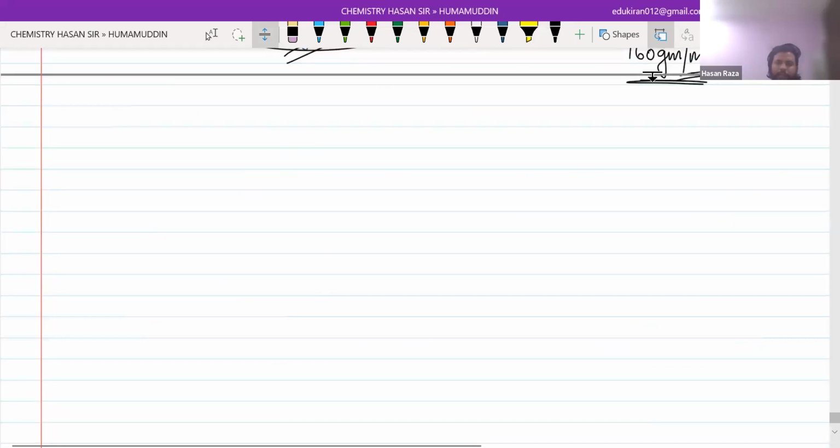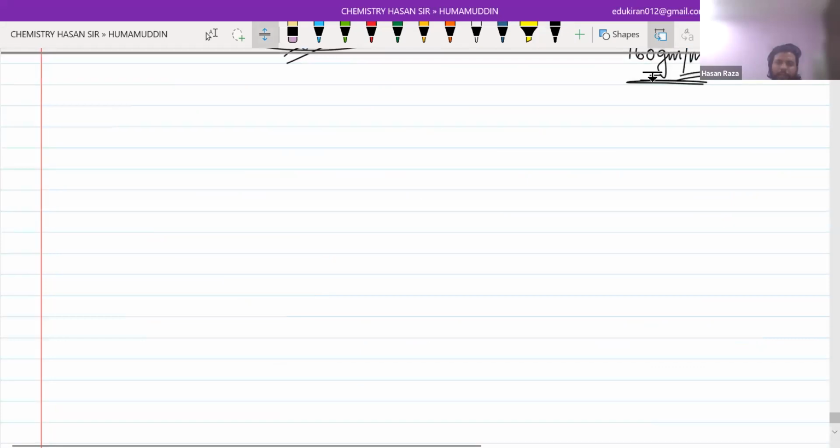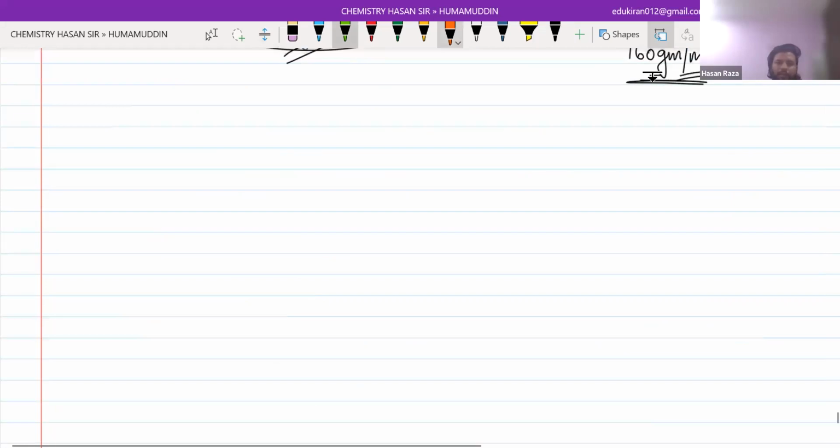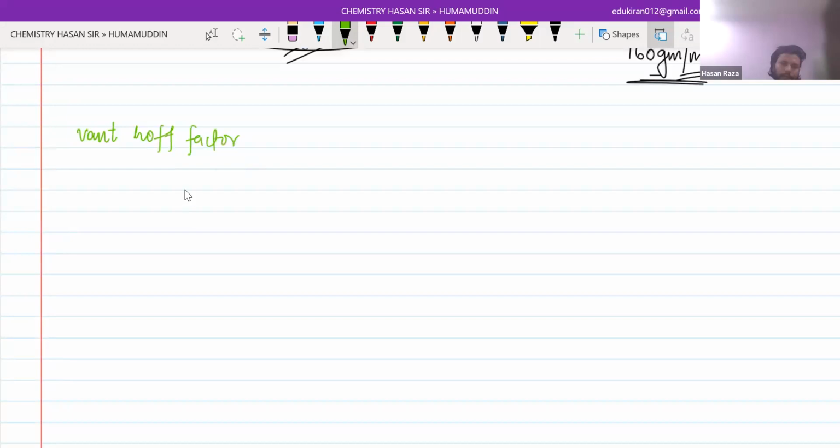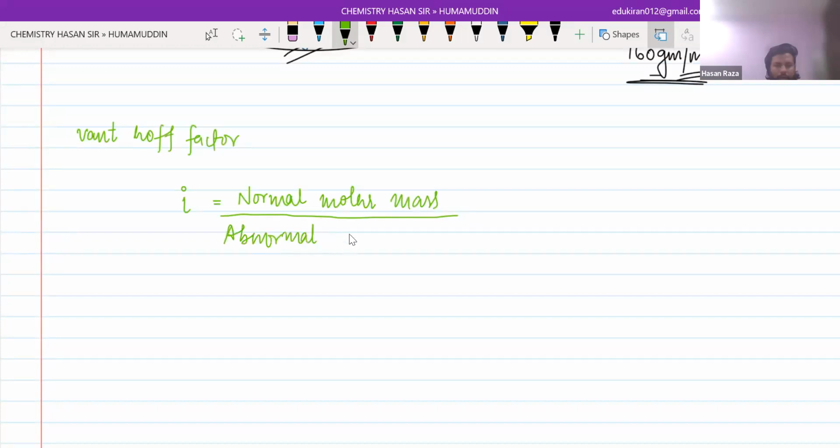Very good. Now see, we can easily define this Van 't Hoff factor in terms of abnormal molar mass. That means i will be equal to normal molar mass upon abnormal molar mass.